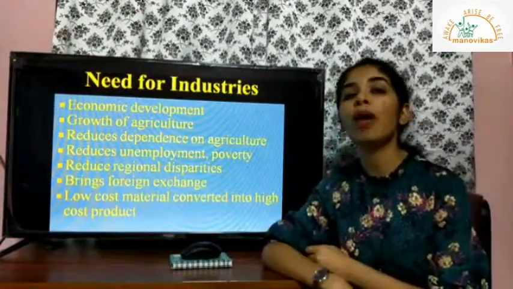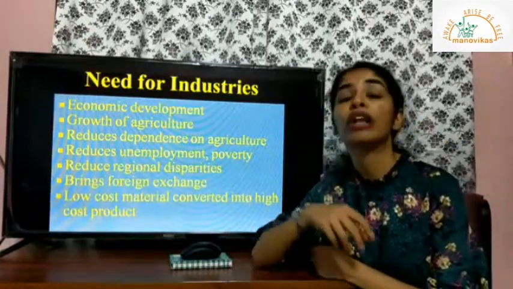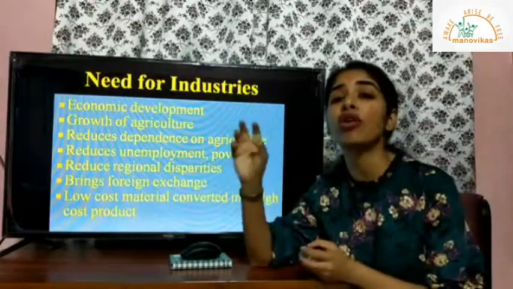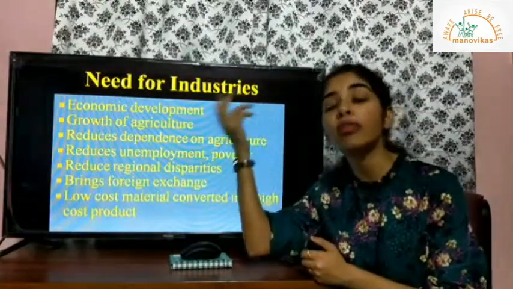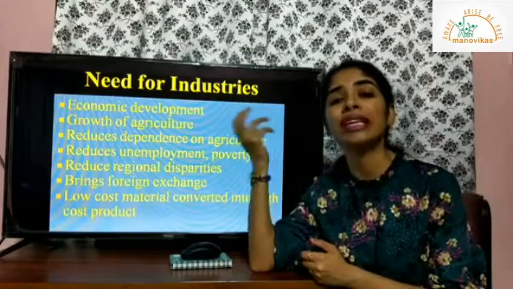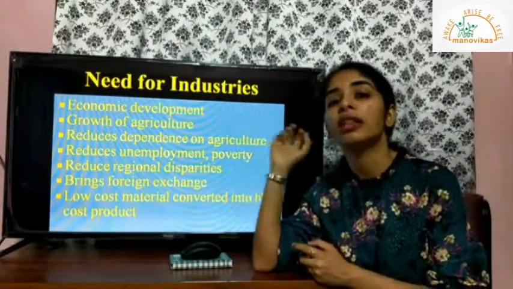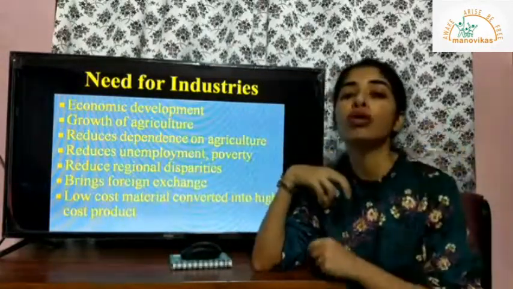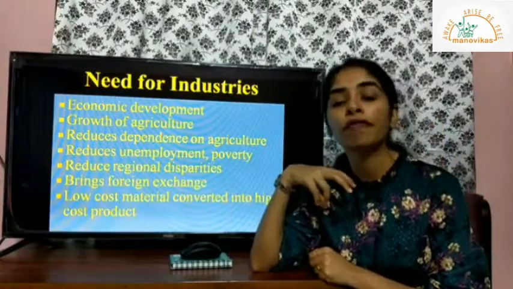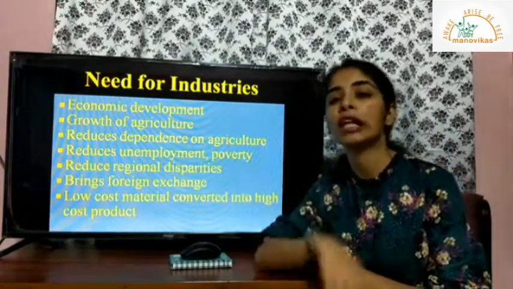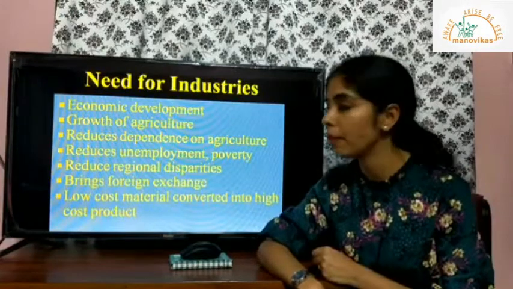Then it brings about foreign exchange. When we sell these finished good quality products in the foreign market, or when we export these goods to other countries, the nation can get a huge amount of foreign income or foreign exchange, which again helps in the overall development.